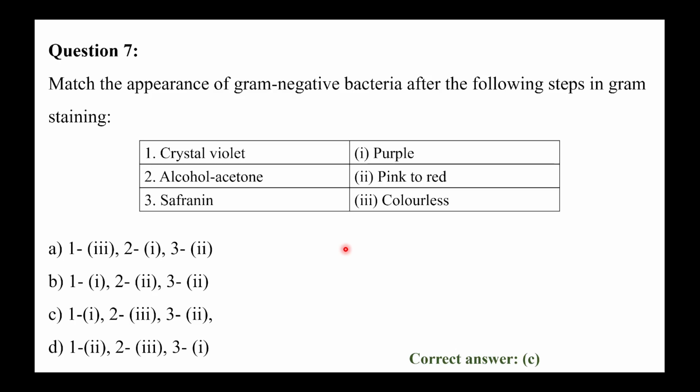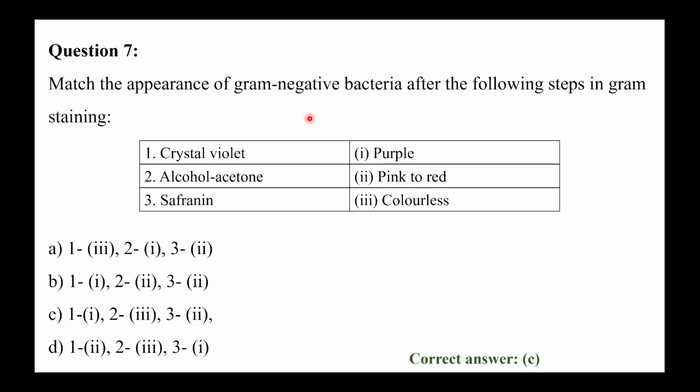The gram positive cells, which are still purple after decolorization, won't be able to take up safranin and will keep appearing dark purple. So after doing all the 4 steps of gram staining, when you observe a mixture of gram positive and gram negative bacteria under the microscope, you will see the gram positives to be purple and gram negatives to be pink.